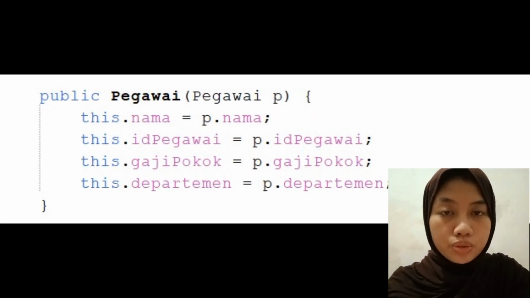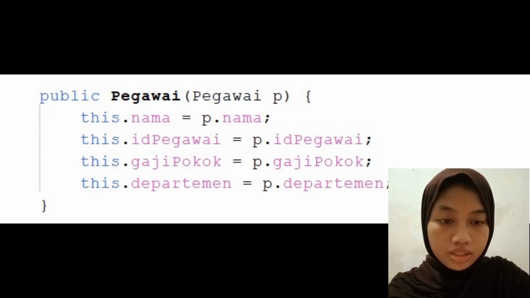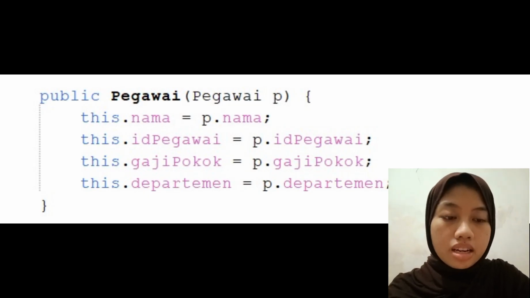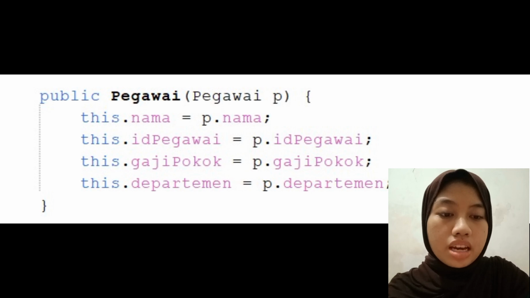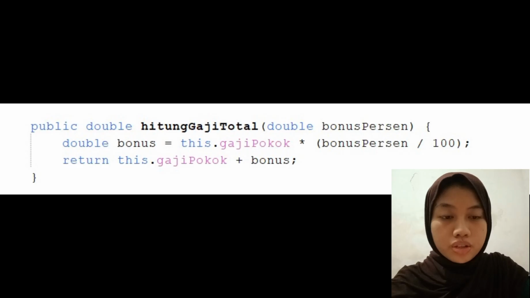And next is the parameters constructor, which accepts 3 parameters: a string name, integer employee ID, and string department, which are used to assign specific values to the object's attributes upon instantiation, ensuring the object is created in a valid state, except for base salary, which is initialized with an initial default value.